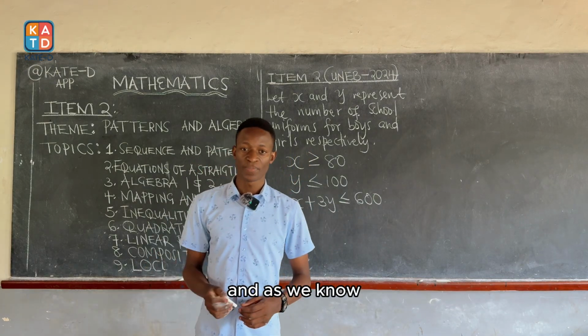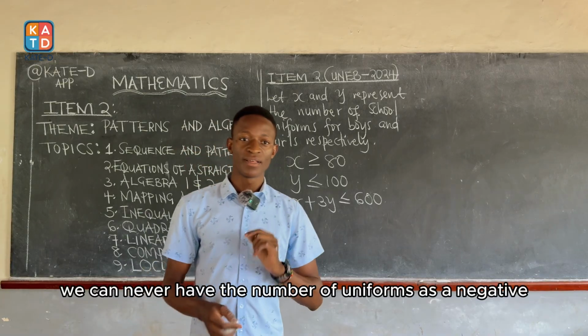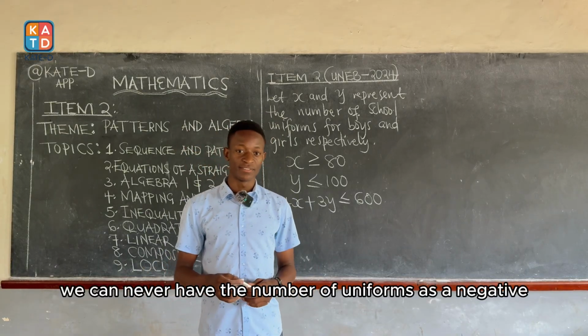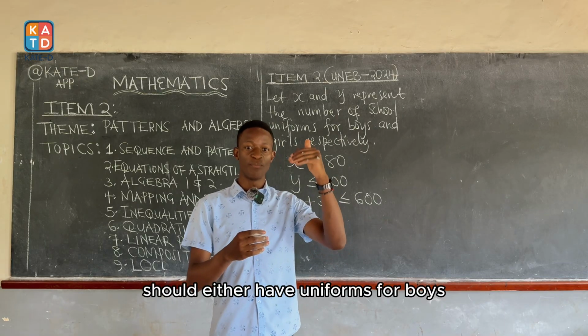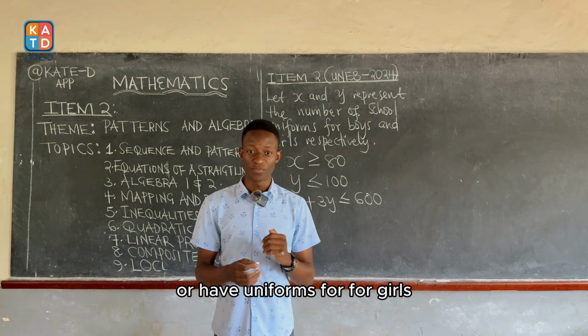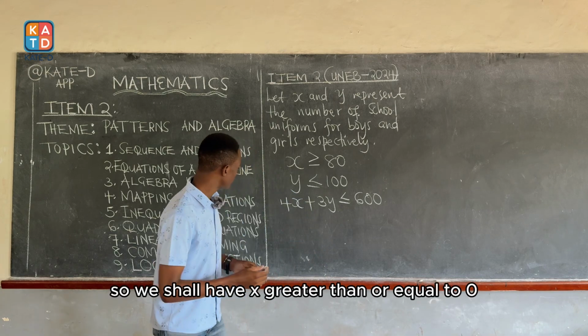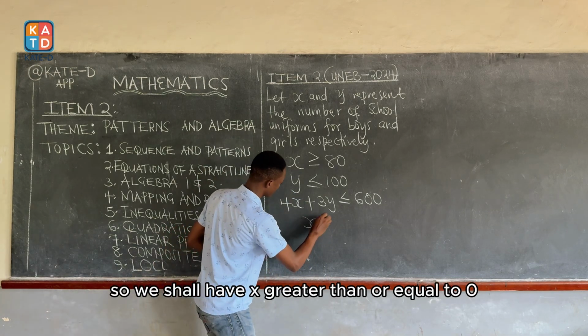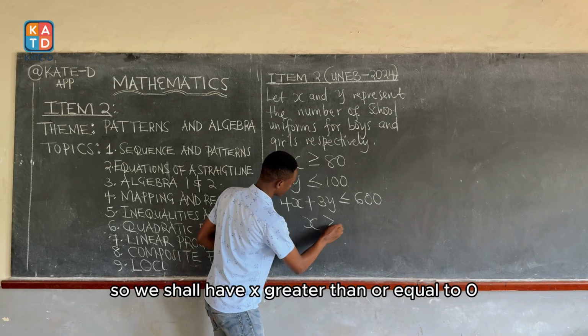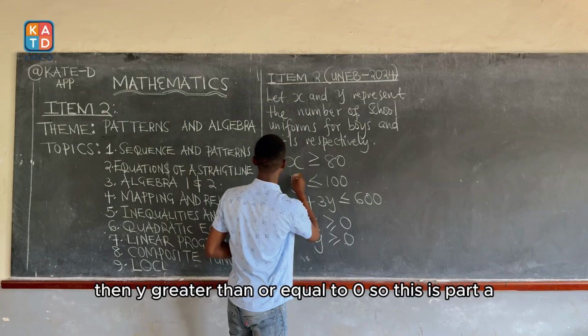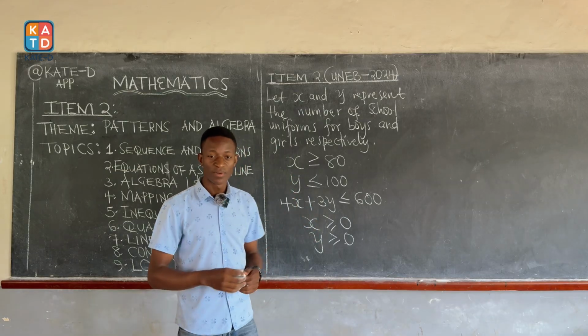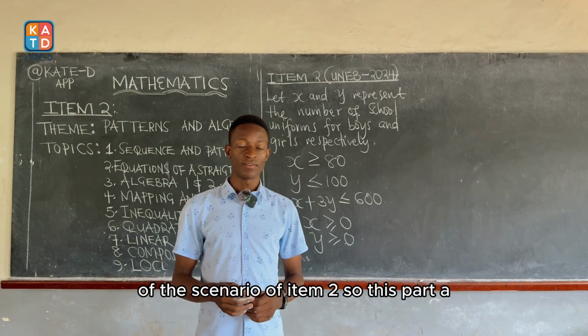And as we know, we can never have the number of uniforms as a negative. So we shall have x greater than or equal to 0, then y greater than or equal to 0. So this is part A of the scenario of item 2.